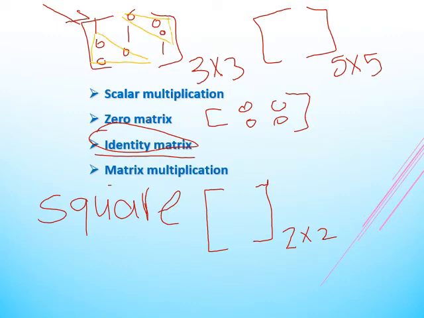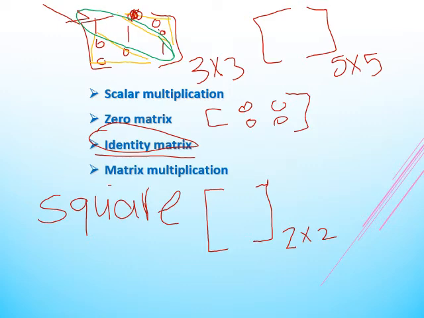So we have two triangles equal to zeros, like this. Here 3 zeros, and here 3 zeros, and the diagonal is equal to 1. That's just for a square matrix.